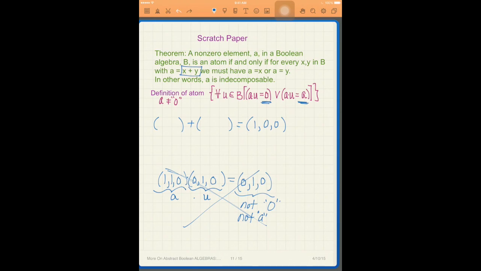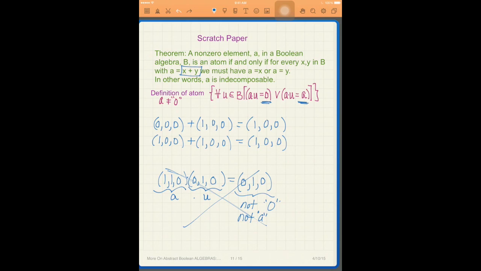Let's see. If you did 0, 0, 0 or 1, 0, 0, that would give it back to you. Or if you did 1, 0, 0 or 1, 0, 0, that would give you back 1, 0, 0.